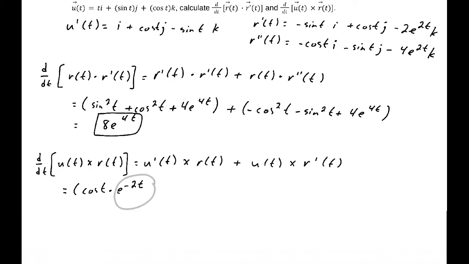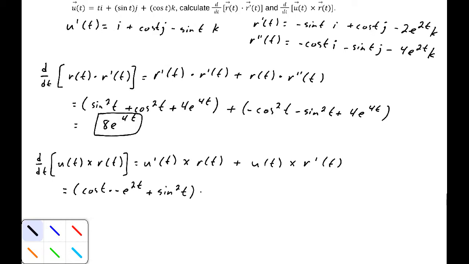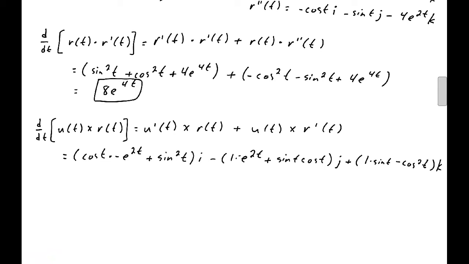That would be equal to parentheses cosine t times negative e to the 2t plus, or minus a negative, so plus sine squared t, close parentheses i, minus, open parentheses, 1 times negative e to the 2t plus, again, sine of t times cosine t, close parentheses, j, plus, parentheses, 1 times sine of t minus cosine times cosine, so 1 sine t minus cosine squared t, close parentheses, k, and that is the u prime of t crossed with r of t.